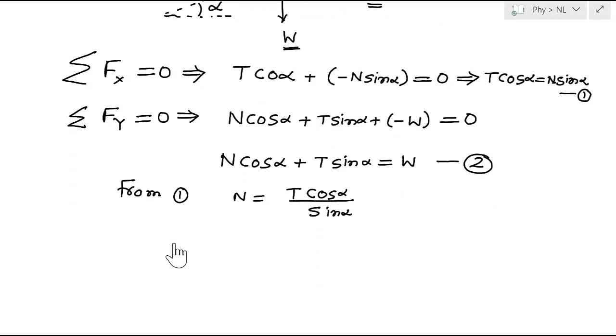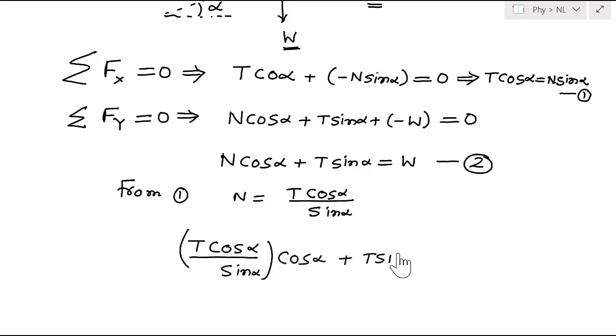Basically I have to write N, so N is nothing but T cos alpha divided by sin alpha, multiplied by cos alpha, plus T sin alpha is equal to W.